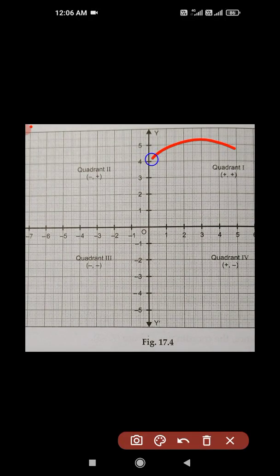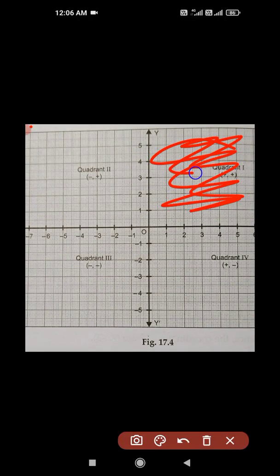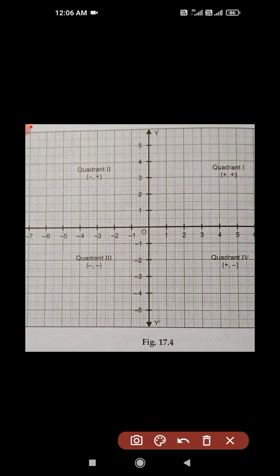The first one is this region, this complete area. Any point on this region will have positive value of x and positive value of y. This is called the first quadrant. Likewise, this is called the second quadrant. This one is the third quadrant, and this is the fourth quadrant.